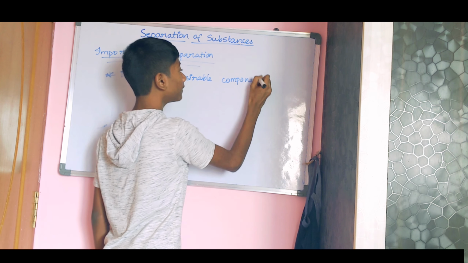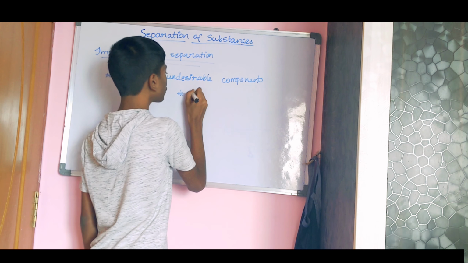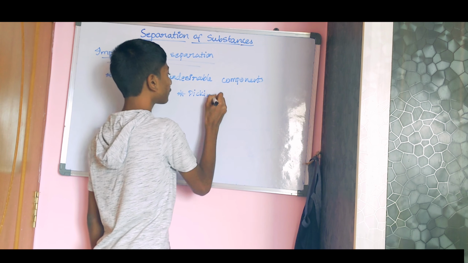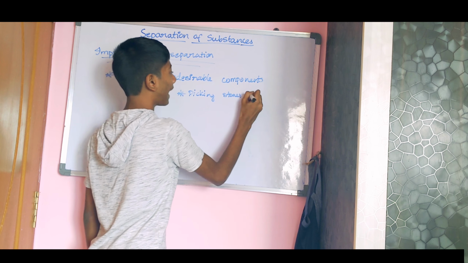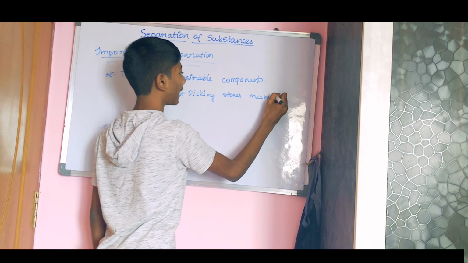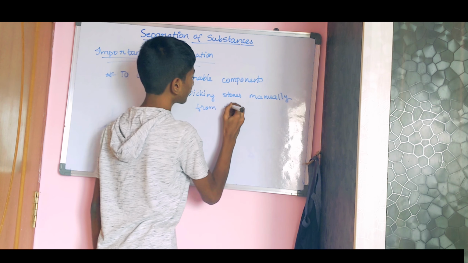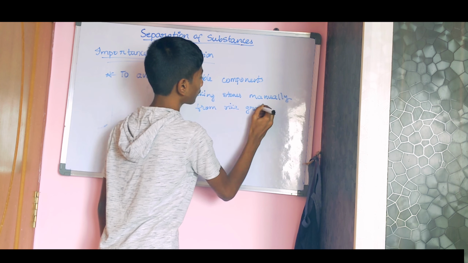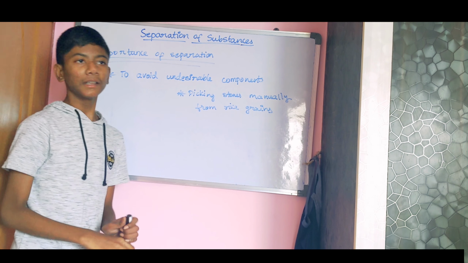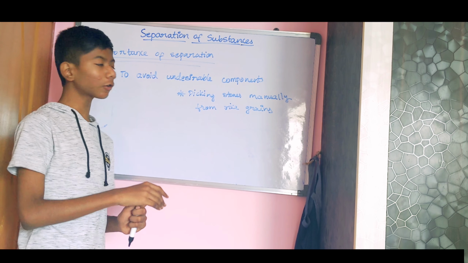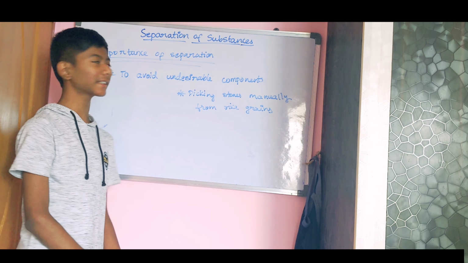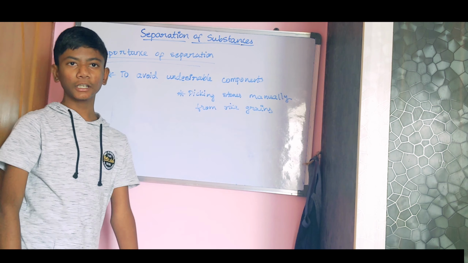The best example is picking stones manually, that is through hand, from rice grains. Picking stones through hand before cooking from rice grains is the best example for undesirable components.